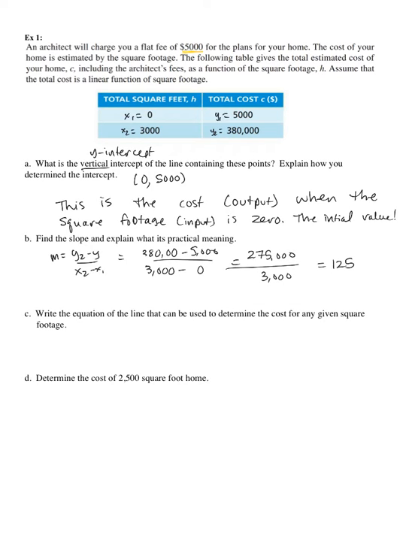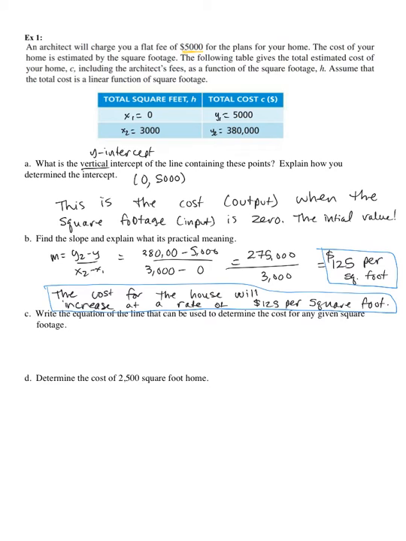And what does that actually mean? That is $125 per square foot. To figure out the units, the numerator is in dollars, and the denominator is in square feet. That means the cost for the house is increasing at a rate of $125 per square foot.